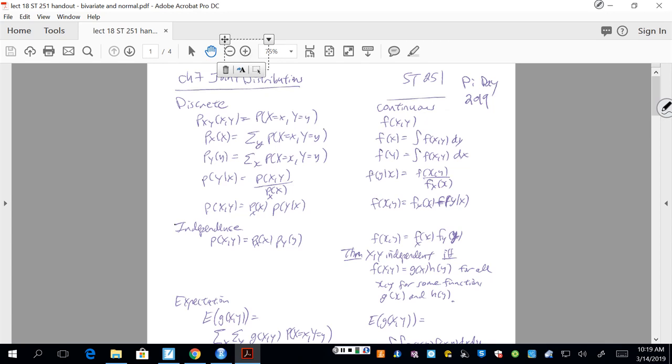So if x and y are independent, then their joint density can be written as the density of x times the density of y. And it goes the other way too. If you can write the joint density as a function of x times a function of y, and separate them multiplicatively, then in fact they are independent.